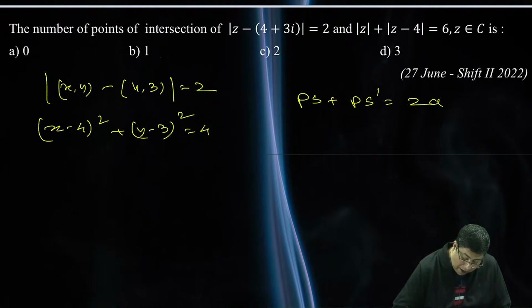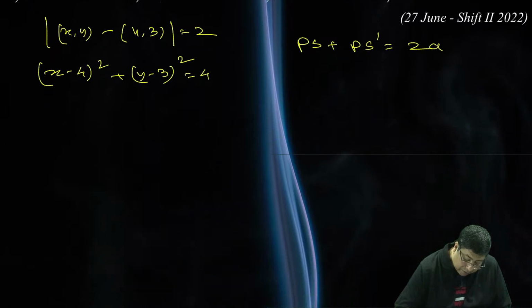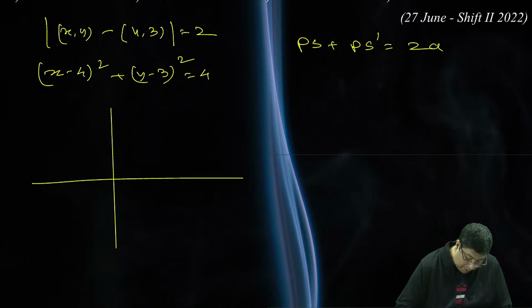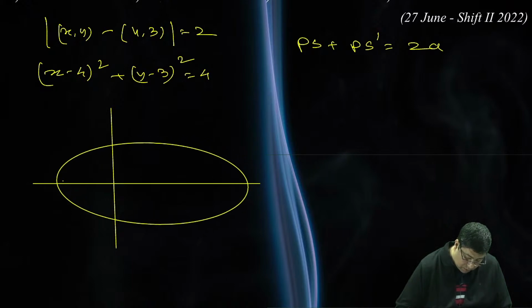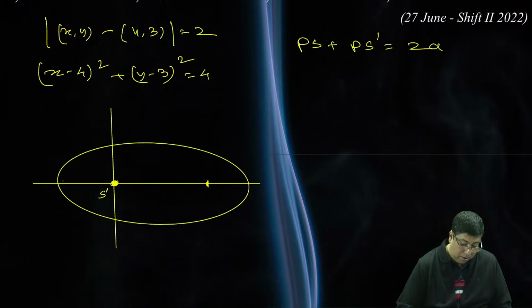So if we draw the diagram of the ellipse, we are getting here. This is the ellipse, and this is 0 0, one focus, and this is another focus, 4 0. These are two foci, and the middle point, the center, is 2 0.